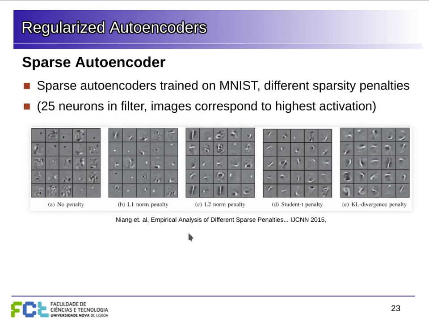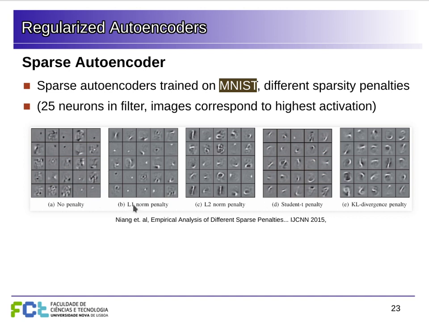This is an example, so you have the reference to the paper here, a comparison of training sparse autoencoders on MNIST, so that database with the handwritten digits. These are 25 neurons represented here, and you see that if we don't impose any sparseness penalty, the neurons don't really specialize. They have these different patterns, but they seem to be all mixed together.